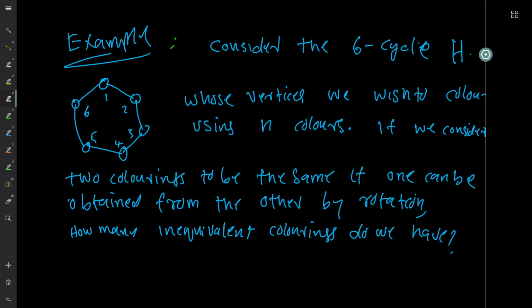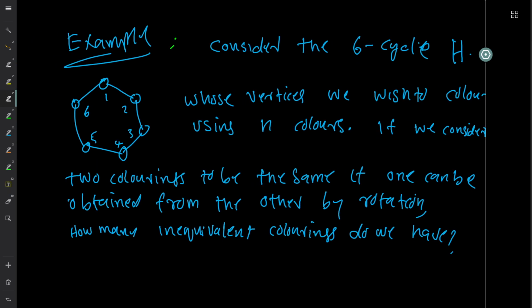So these colorings are all considered equivalent. Basically, I don't distinguish between colorings obtained by just the rotation of this object. Now, how many inequivalent colorings are there under this?